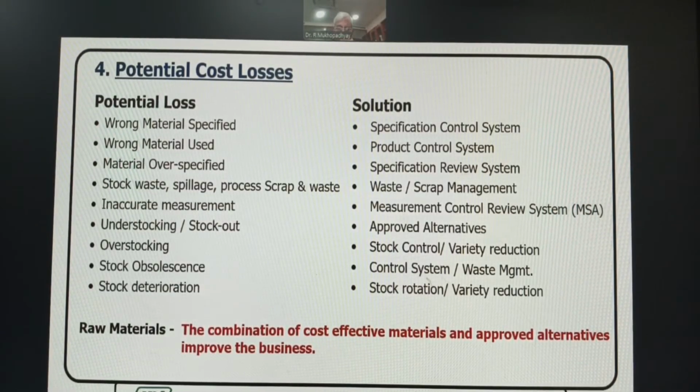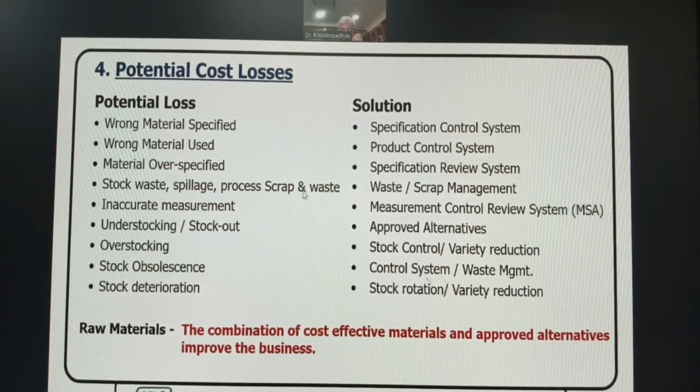Now what is the role of the compounder? The raw material is specified. If the specification is wrong, when you are considering raw material specification, we have to include a specification control system. Wrong material use needs a product control system. Material over-specified, sometimes the cost will increase. So, a specification system.